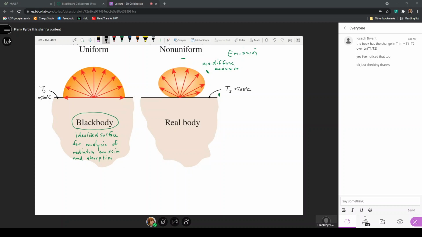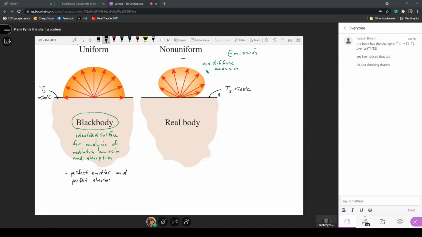Now, the black body not only emits the maximum amount of radiation at a given temperature, but it's also what we would consider to be a perfect emitter and perfect absorber.